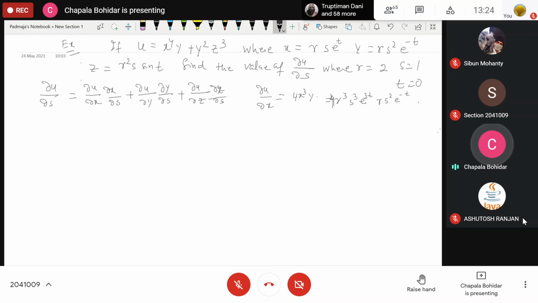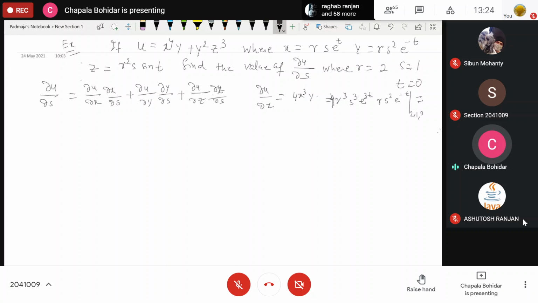I can write down like this by substituting the values. So when the value of r is equal to 2, s is equal to 1, t is equal to 0, what do you get?